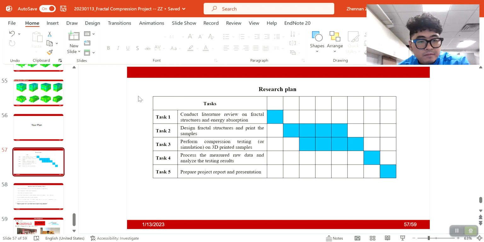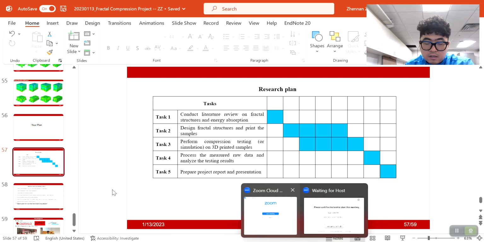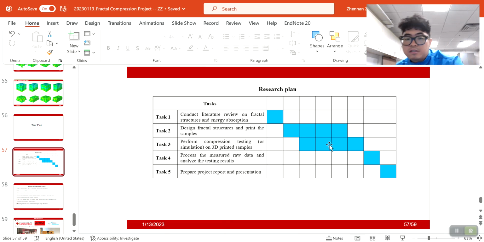At the beginning you may need to know what a fractal structure is, and some very basic and important concepts, and then we can do some experiments. We can design some samples and do some experiments using a 3D printer, and finally we will process the data, and you can prepare the report for your class.